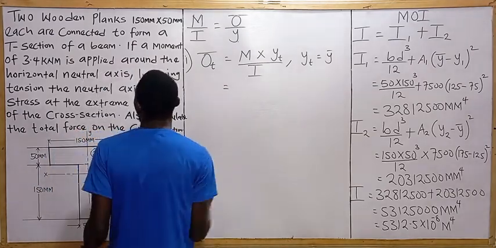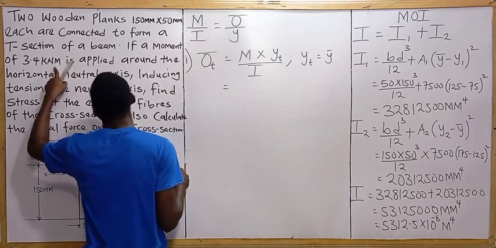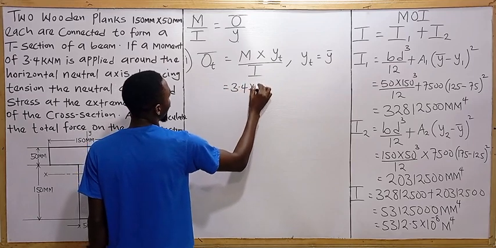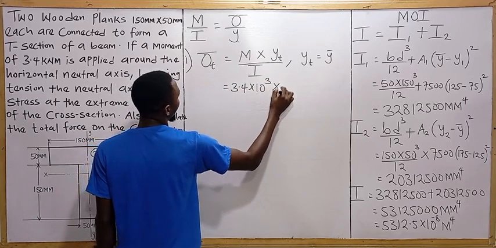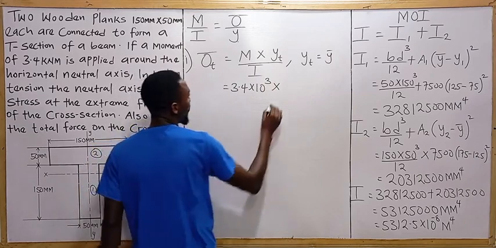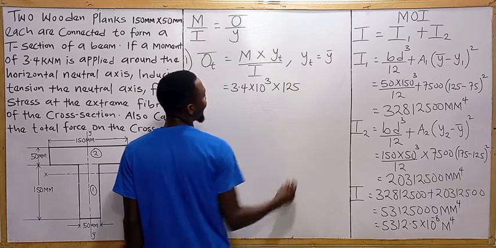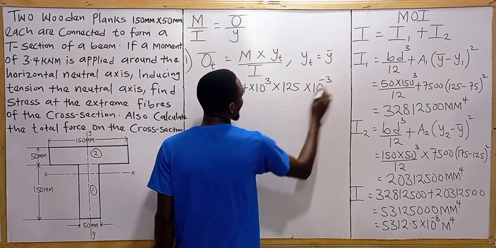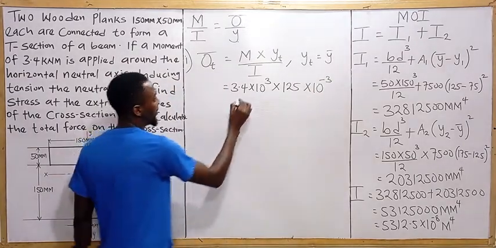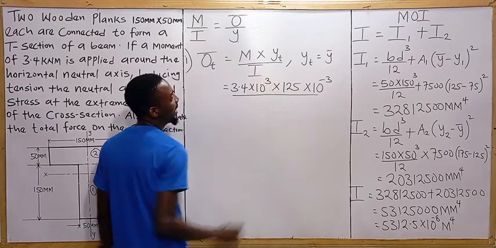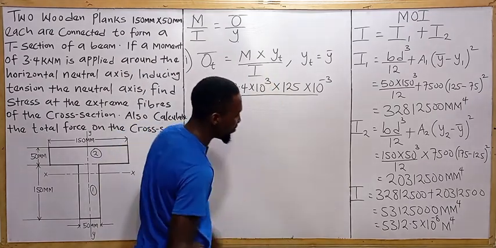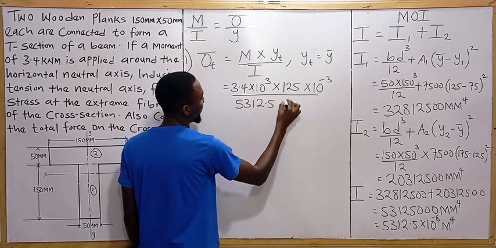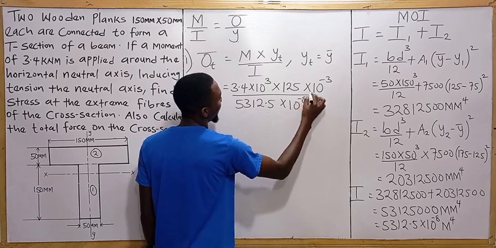So let's substitute now. Our moment here is 3.4 kilonewton meter, so this is going to be 3.4 times 10 to the power of 3. Then our yt is 125, but don't forget it is in mm, so we are going to divide by 1000 to take it to meters. All right, divided by I, and our I we have already converted to meters: 5312.5 times 10 to the power of minus 8.